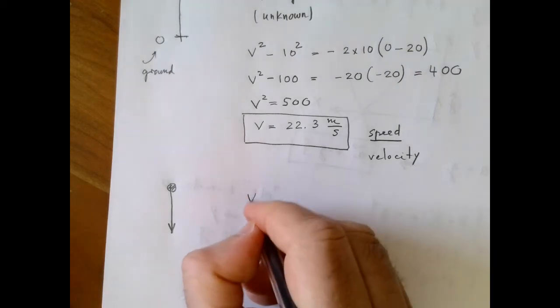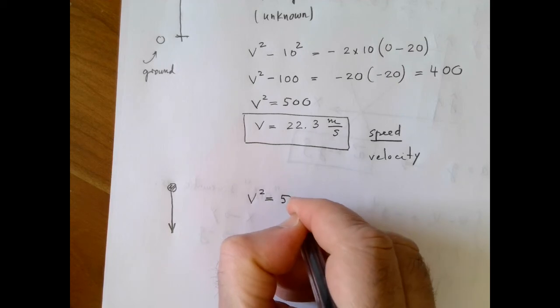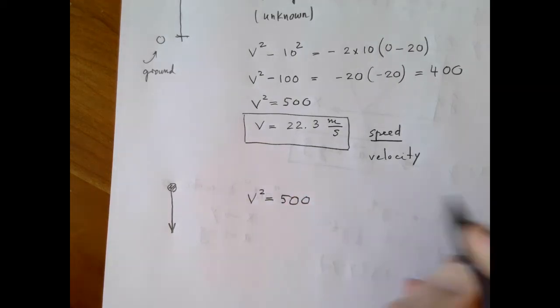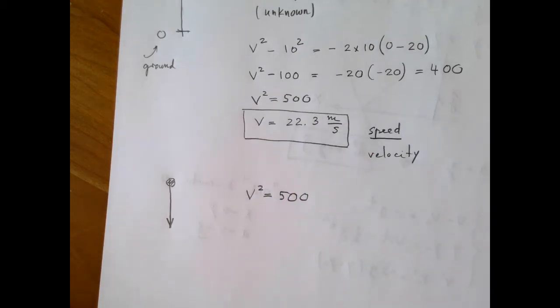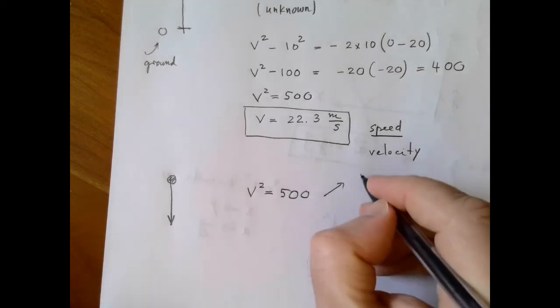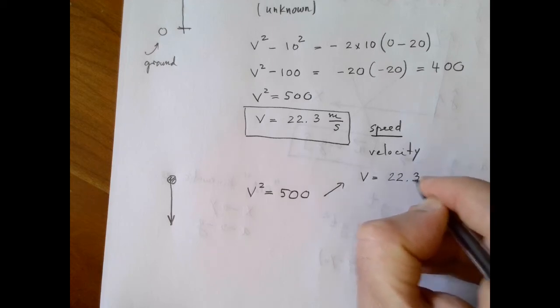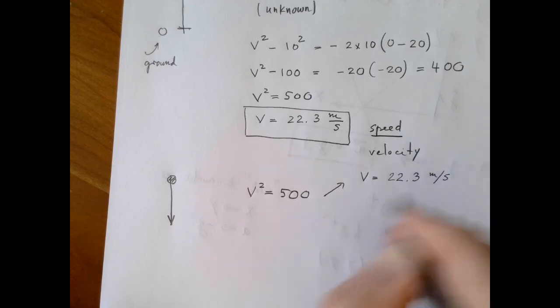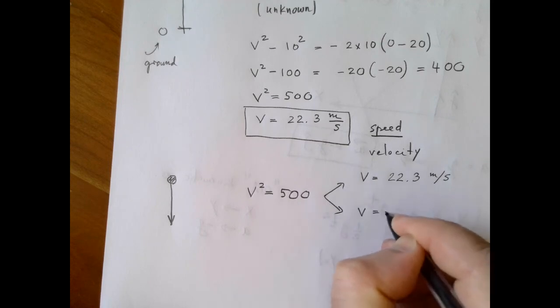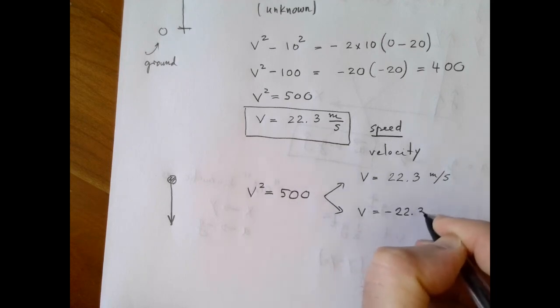No, there is no conflict, because technically the solution of v squared is equal to 500 gives two solutions. We have a solution positive 22.3, and we have a solution that is negative 22.3.